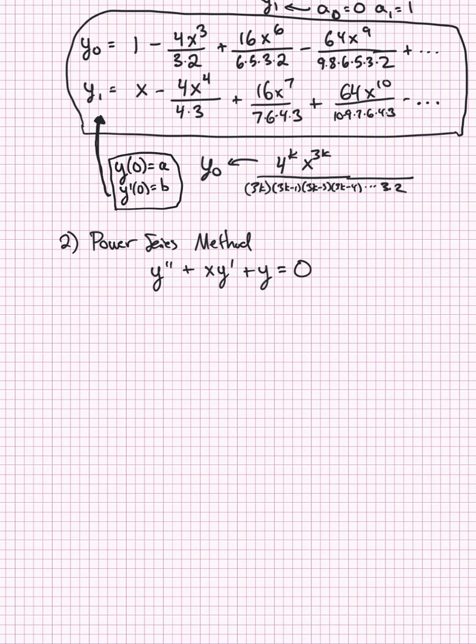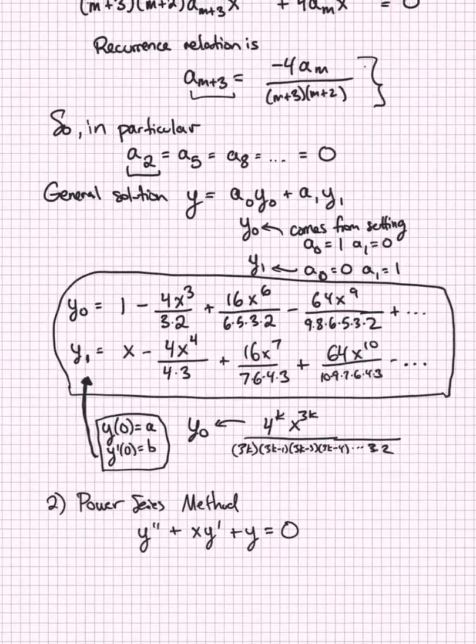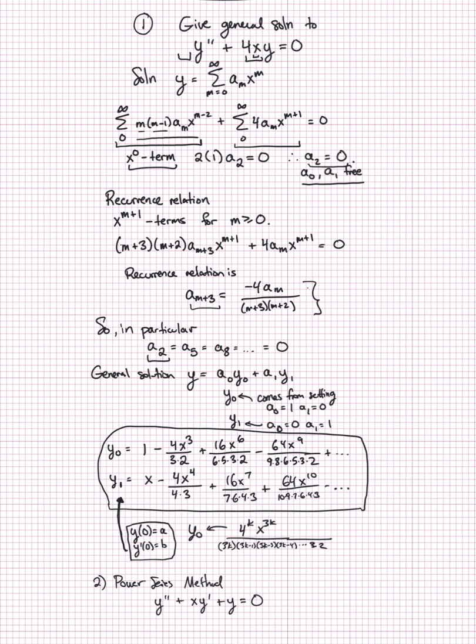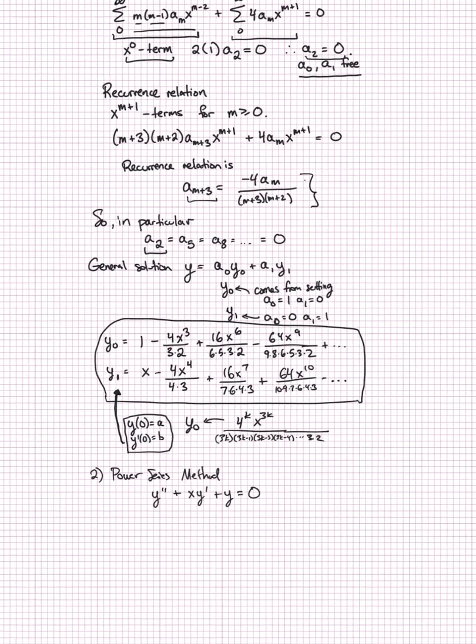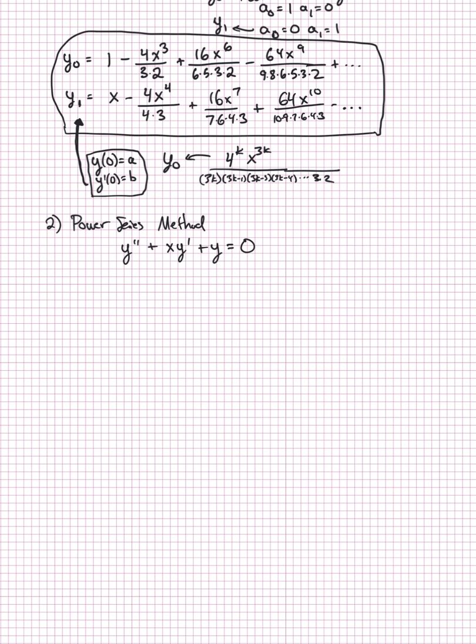Oh, and one more thing. You can check your work just by taking, so in this case, let's see, can I zoom all the way back? So in this case we have the second derivative plus 4x times the first derivative is equal to 0. Well, you could at least check the first two terms to see if you're right.